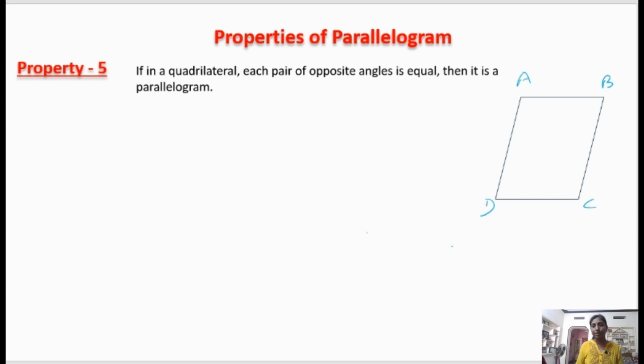It means, suppose it is given that in a quadrilateral, angle A is equal to angle C, and angle D is equal to angle B. Whenever we see in a quadrilateral opposite angles are equal, then we can conclude that the quadrilateral is a parallelogram. This property is the converse of property number 4. Now let's move to the next.